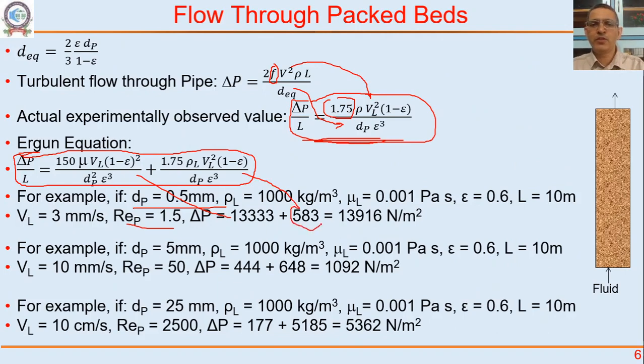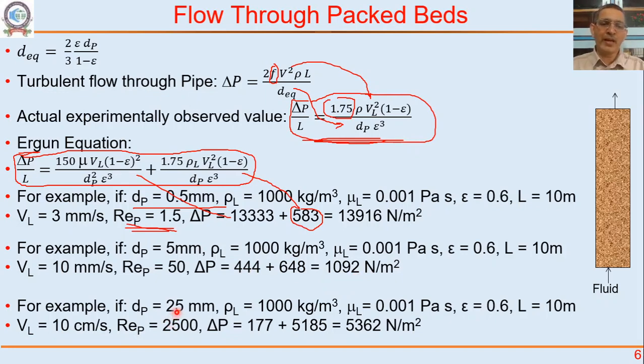So if Reynolds number is small, the second term becomes very small as compared to the first term. If you take a slightly larger particle, different density, viscosity, all those things you adjust, velocity you adjust, so that Rep is say 50, then you will find that delta P from the first term is 444, delta P calculated from the second term is 648. Both are comparable. Total is 1092.